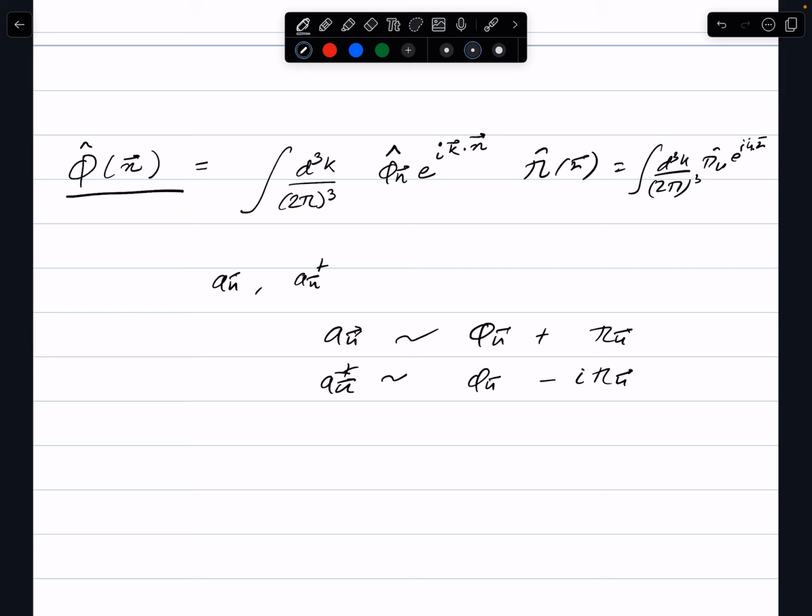All we know is that phi and pi satisfy the canonical commutation relations, because I have followed the algorithm, I have quantized, and I know that I have imposed this relation. And then I define these two operators by Fourier transforming and taking this combination. At this point, I cannot say whether they have an interpretation in terms of ladder operators. We don't know.